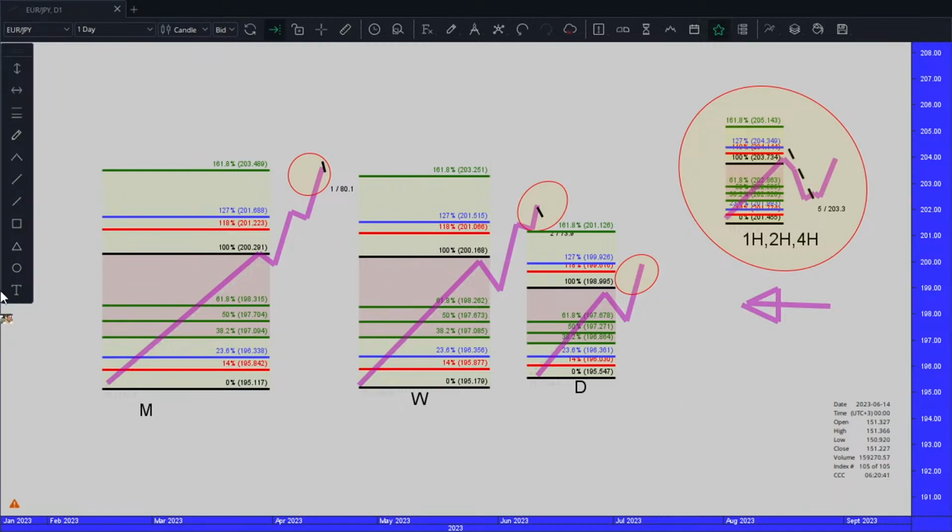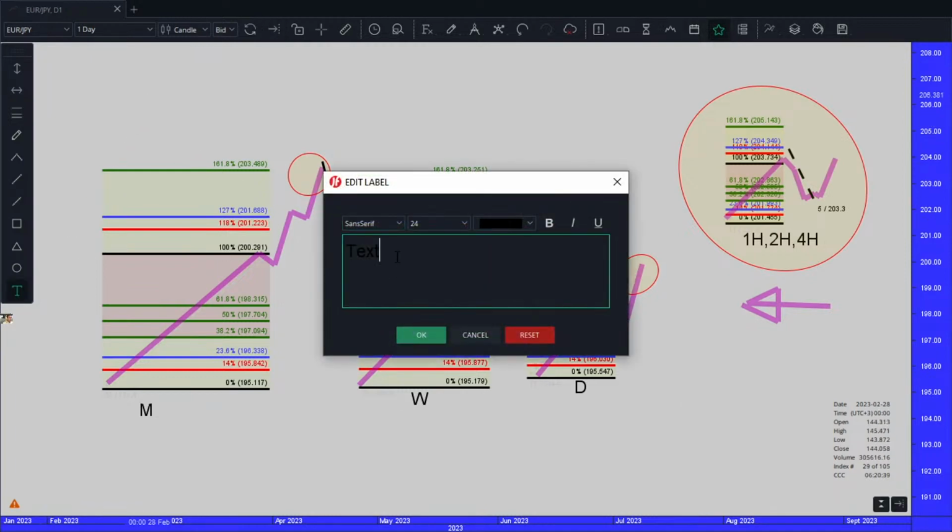What's the difference? The bigger the time frame, the slower the change. So, golden nugget about multiple time frame trading: the bigger the time frame, the slower the change in price direction.